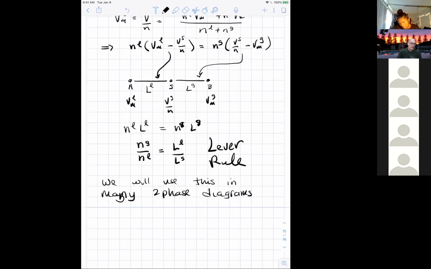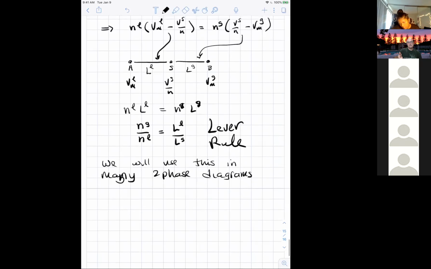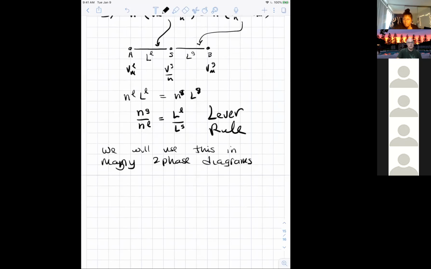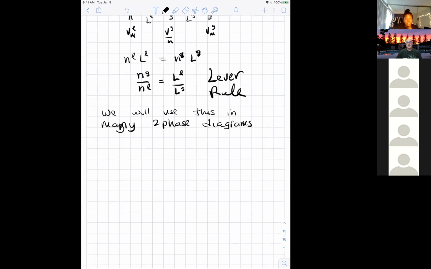So anytime we have this bell curve like or concave down region, and it's typically in a pressure volume diagram, but it's not always a pressure volume diagram. We have one phase on one side and a critical point on top, right?